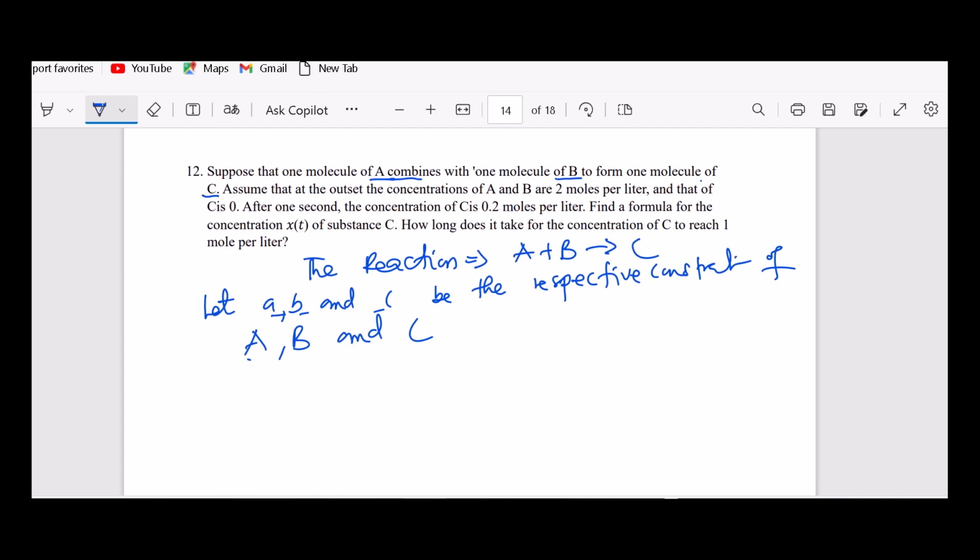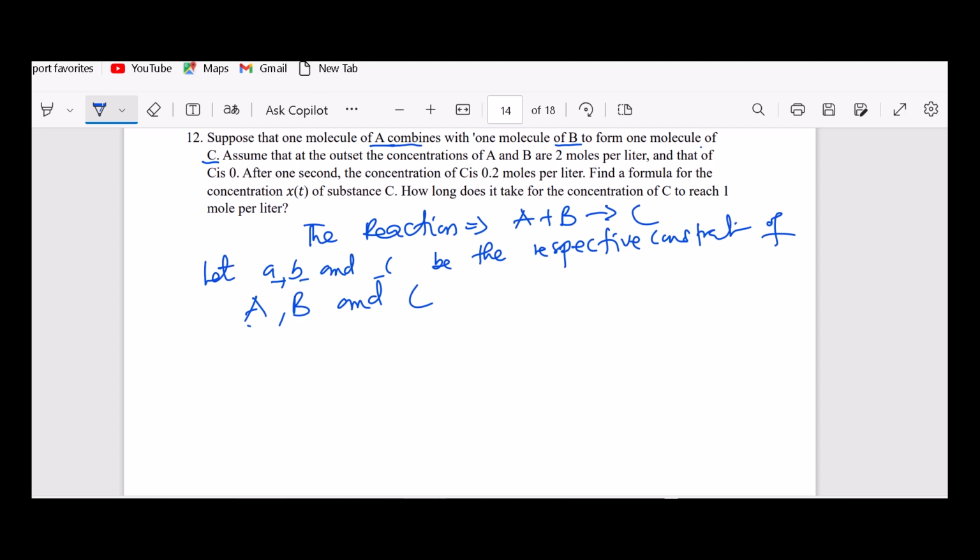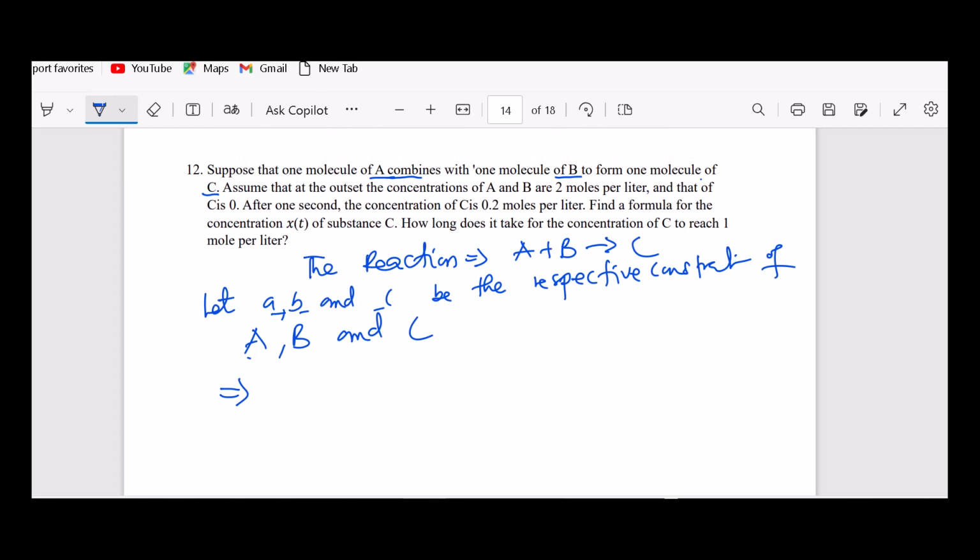So right now, since we require 1 mole of substance A to form substance C, this will imply that at the outset the concentrations of A and B are 2 moles per liter.